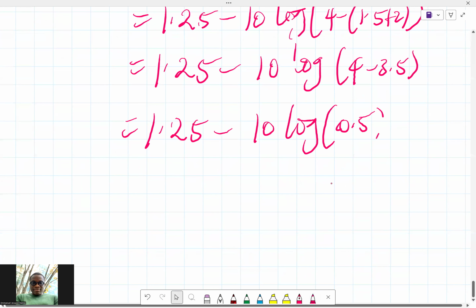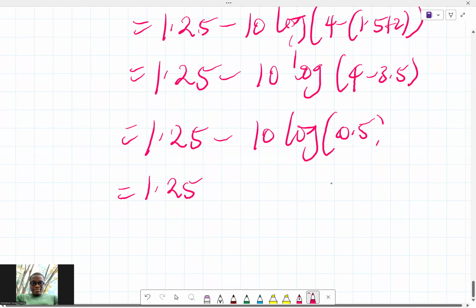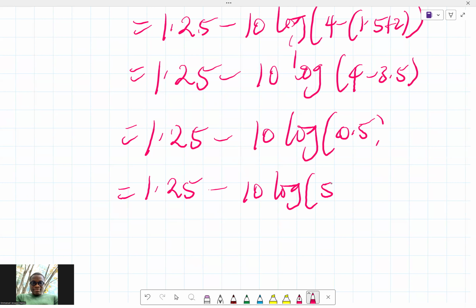So this is 1.25. Okay, 1.25. And this is minus 10. We can use some logarithm things here. So minus 10 log, this is 5 over 10, or this is 1 over 2 in short.